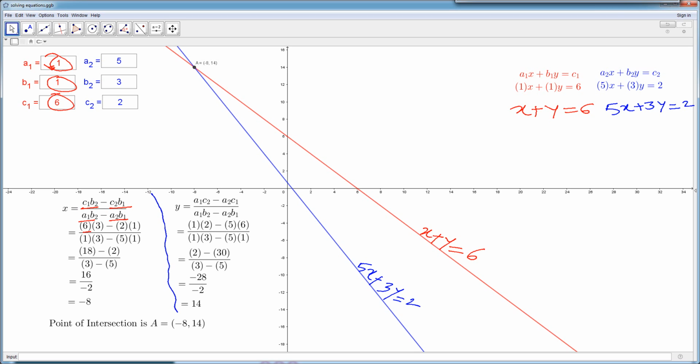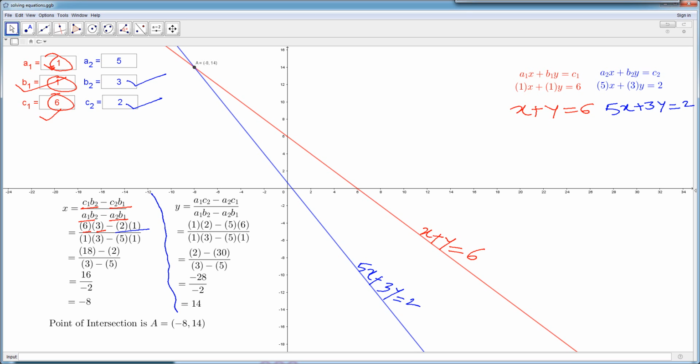C1 is 6, B2 is 3, C2 is 2 and B1 is 1. So we get 6 into 3 minus 2 into 1 upon A1 B2 minus A2 B1.